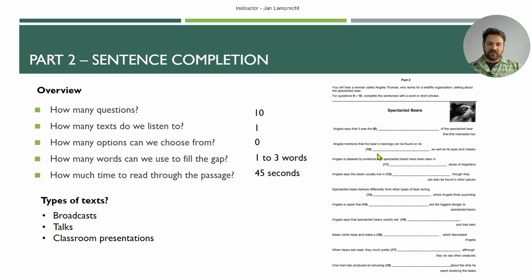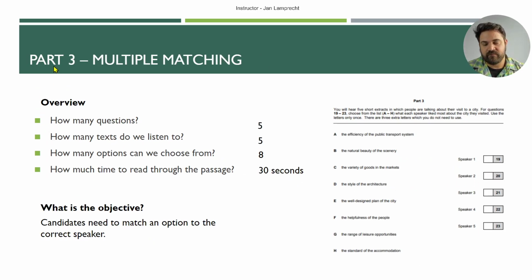Okay, what type of audios or text do you listen to? You listen to a broadcast, could be a talk, it could be a classroom presentation as well. Okay, so as you can see, fill in the gaps based on what you hear from the listening, 1 to 3 words maximum.